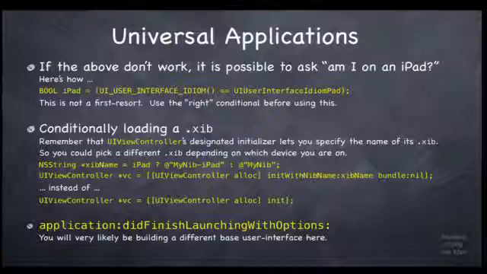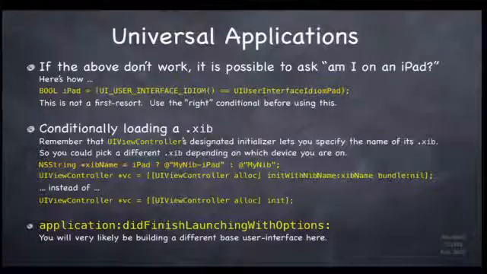All right. So probably the biggest difference you're going to have in your code between the two platforms is in application did finish launching with options. Because on an iPad, your main view is probably going to be a split view, right, or something like that. Whereas on the iPhone, your main view might be a navigation controller, or some other difference between the two.